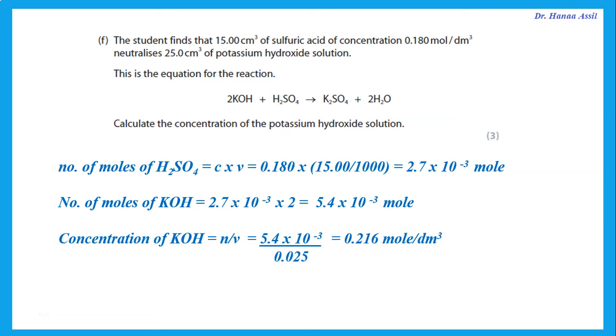Concentration of potassium hydroxide. Concentration is number of moles over volume. Divide by the volume of potassium hydroxide, which is 25 centimeter cubed, divided by 1000. So the volume is 0.025, and we use that in the equation to get the concentration of potassium hydroxide.